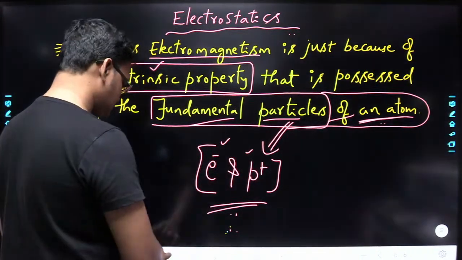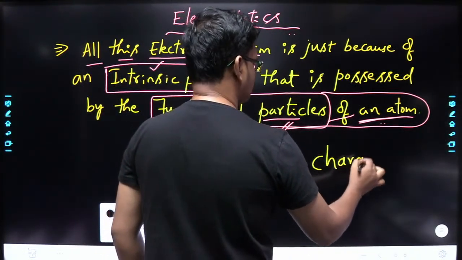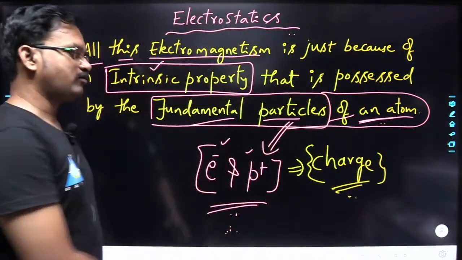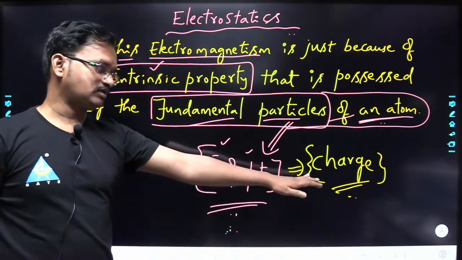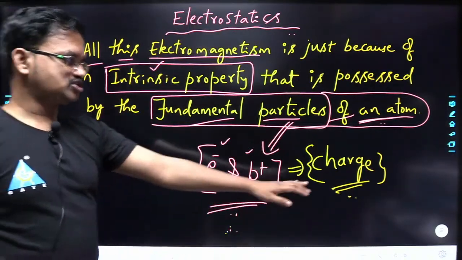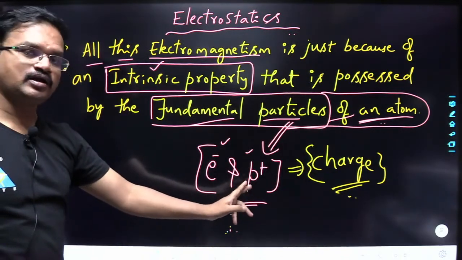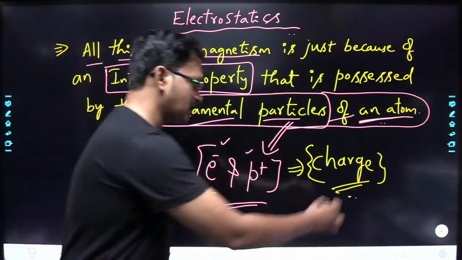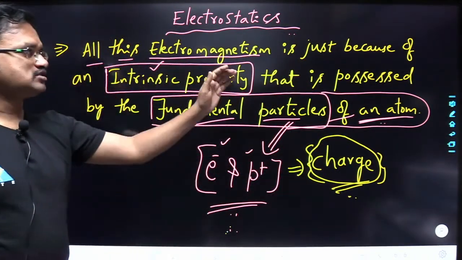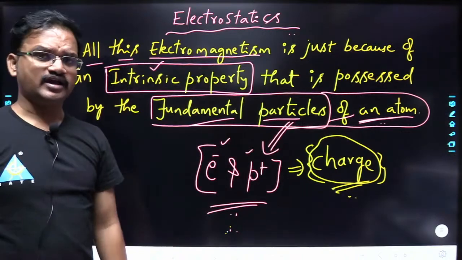It is nothing but charge, yes or no? So all this electromagnetism is just because of this intrinsic property, which is nothing but charge. That means this charge is responsible for all this electromagnetism.